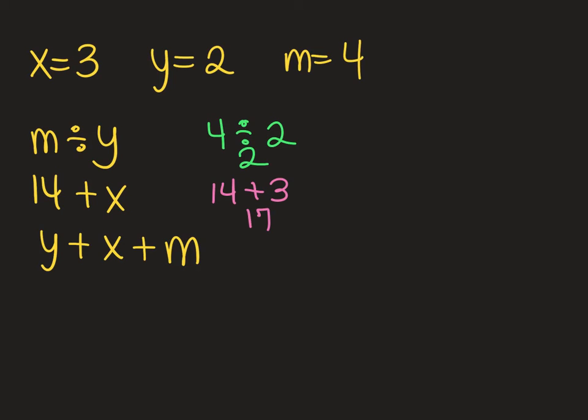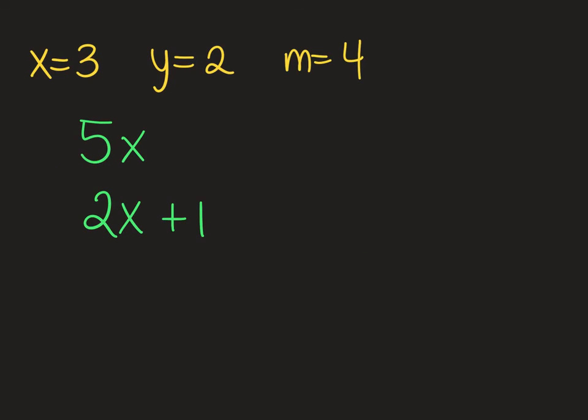Y plus X plus M. Y is 2 plus X is 3 plus M, which is 4. 2 plus 3 is 5. 5 plus 4 is 9. Final answer, 9.